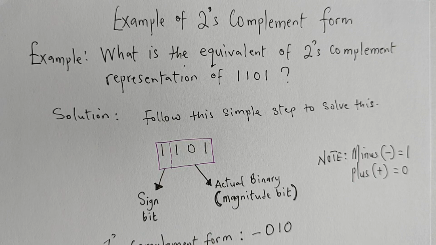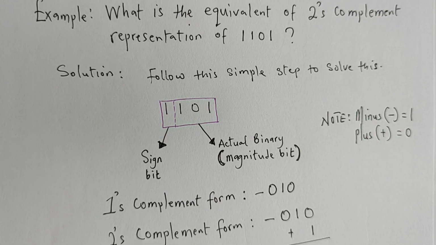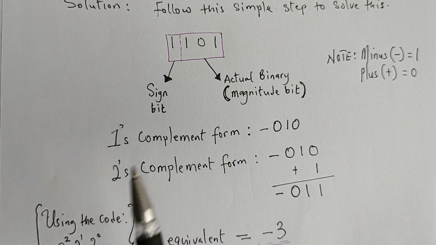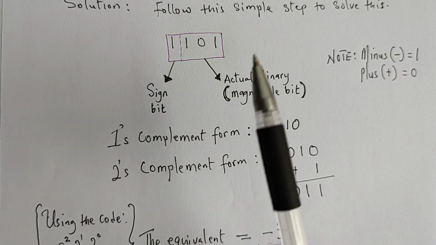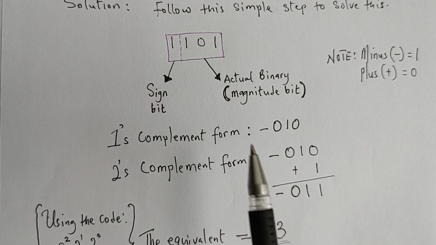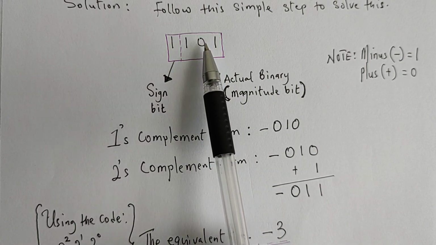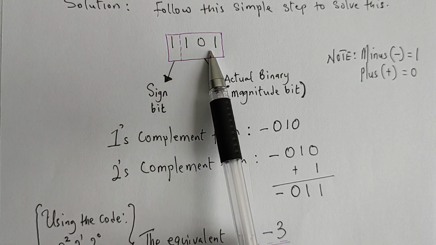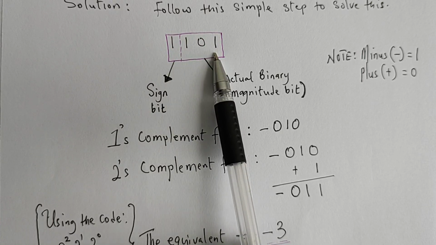So the next thing we need to do at this point. Now let's obtain the 1's complement form. The 1's complement form is going to be taking the inverse. We're taking the inverse of the magnitude bit, or the actual binary.